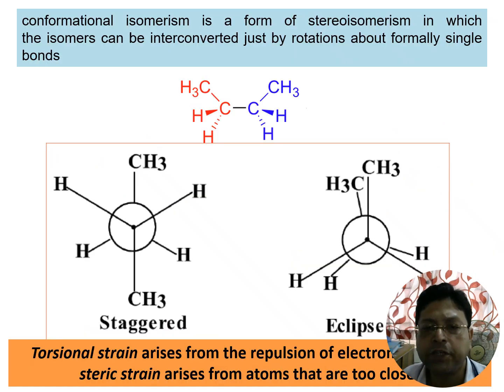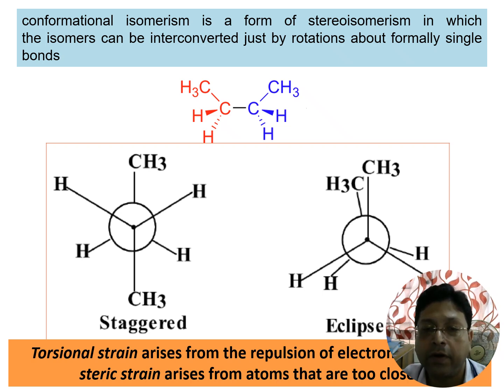Conformational isomerism is a form of stereoisomerism in which the isomers can be interconverted just by rotations about formally single bonds. Here this is n-butane, CH3, CH2, CH2, CH3.